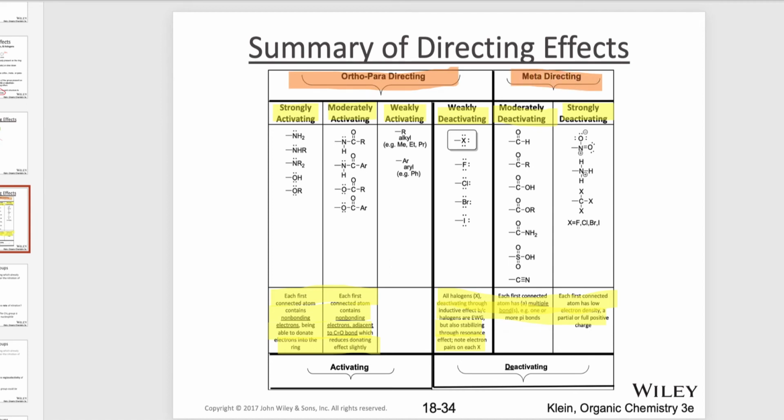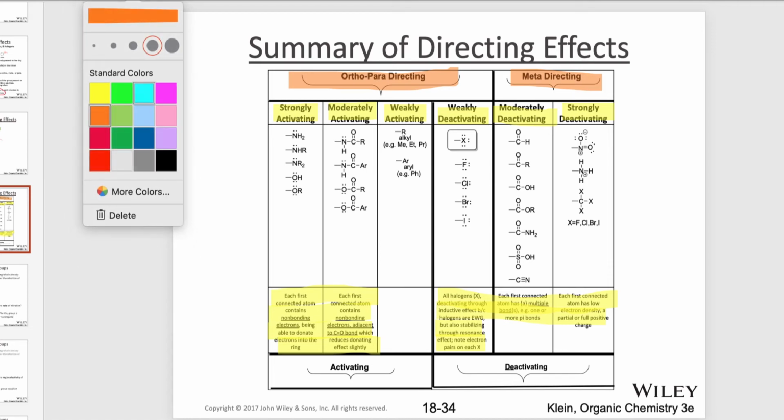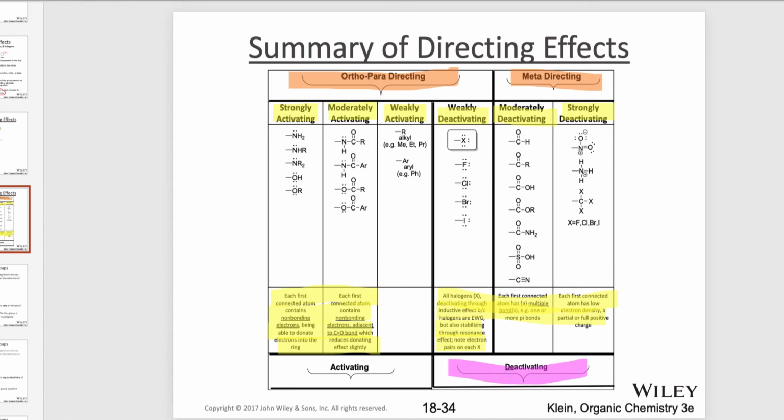Okay, I've also highlighted, and while we're at it, let's add more color to our life. So we see that there can be activating and deactivating effects and how these cross over. You see how the halogens are kind of a Jekyll and Hyde situation. I've used a placeholder here.